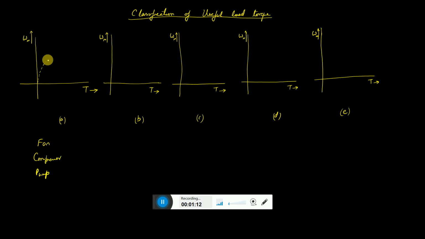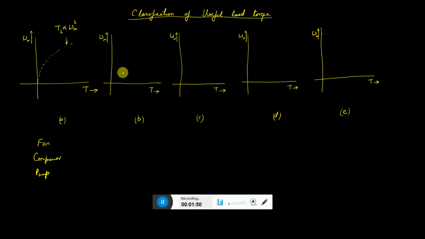Gradually that gets increased like this, and such type of speed torque characteristics can be told as TL is proportional to omega m square. So it is like y is proportional to x square, where x is on the y-axis, so it is like a parabola.